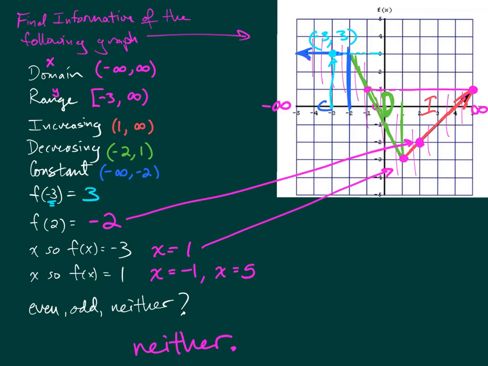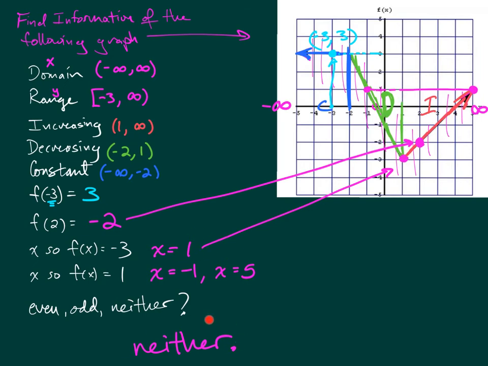The answers here for these other two and the last one are -2. If you find out where x is +2, that's right here. You follow it down to the graph, the answer is -2. Which x value is paired up with a y value of -3? Well, the y value -3 is here. That's paired up with an x value of 1.